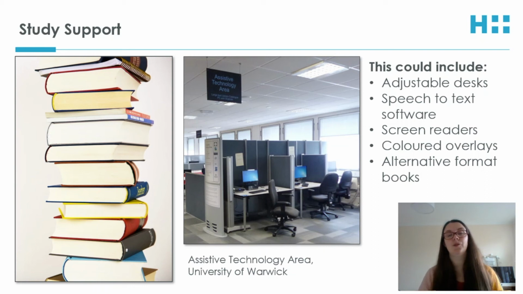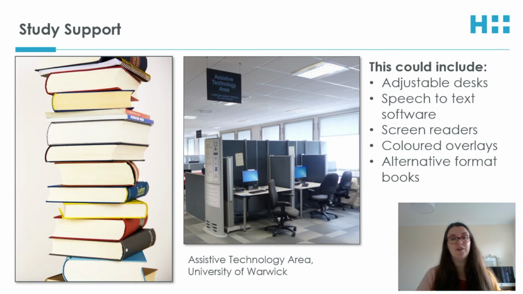All universities also have assistive technology, so that could be something like adjustable desks, speech to text software, screen readers, or coloured overlays. They also have different coloured papers depending on what your preference is. Libraries as well are there to help you to access all of the materials that you need.